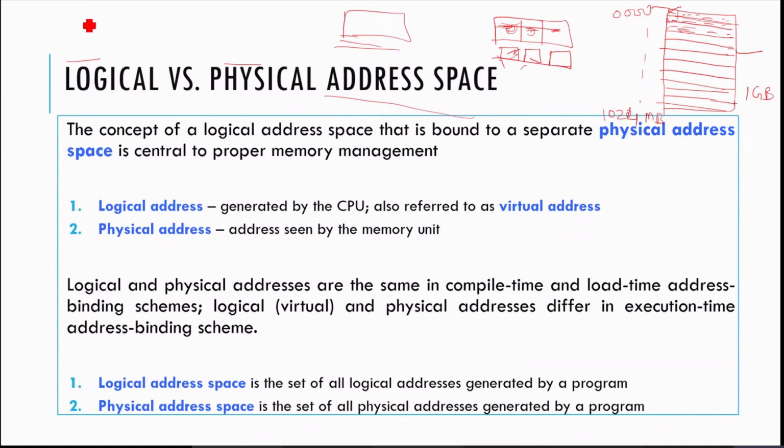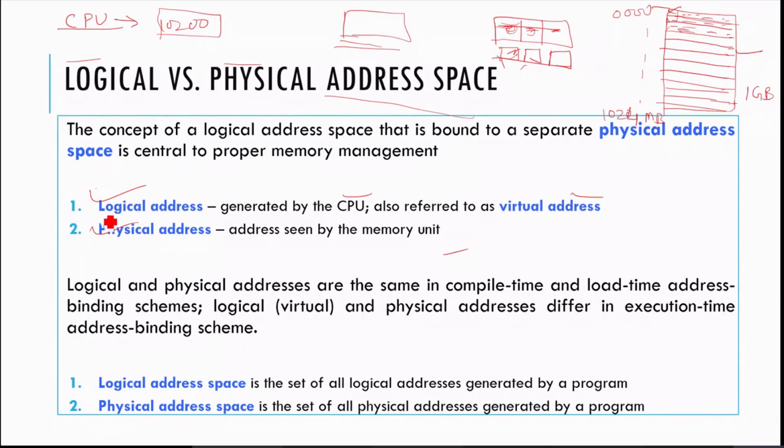Now coming to the logical address. A logical address is generated by the CPU. Suppose an address like 1020 is generated by the CPU; we call it a logical address, or virtual address. Logical address is generated by the CPU, while the physical address is what we see in the memory.